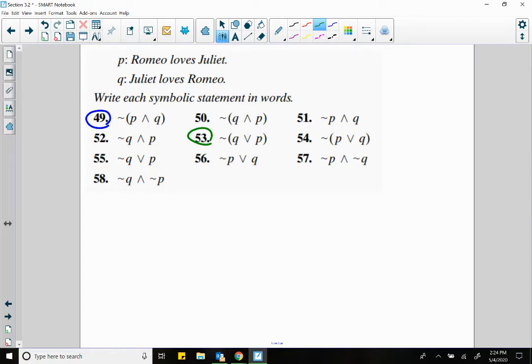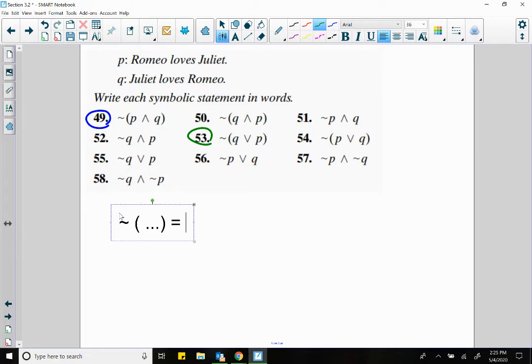Okay, so let me talk to you about what this negation parenthesis means. Whenever you see the negation followed by parenthesis information, this means that your statement is starting with, it is not true that.